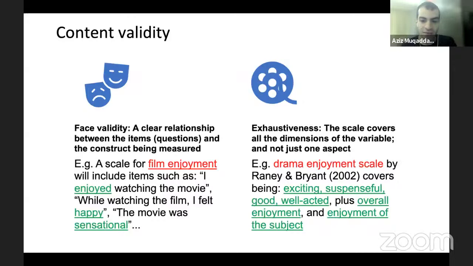They say drama enjoyment consists of whether you thought the show was exciting, suspenseful, good, well acted, plus whether you overall enjoyed it, and whether you enjoyed the subject it discusses, right? So this is a multi-dimensional understanding of drama enjoyment, right?